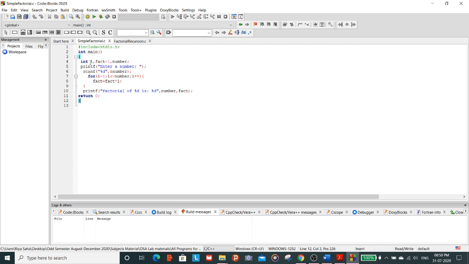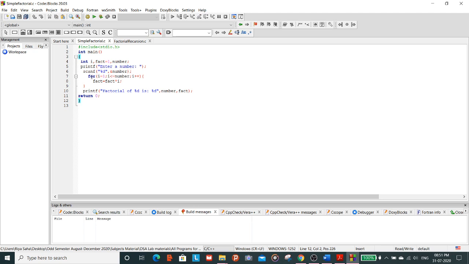Here, integer data type: i is a variable, fact is one variable which is assigned 1, and number is another variable. Next, printf: enter a number whose factorial we need to find out. Next scanf, where we give the address of that number, the number whose factorial value we need to know.